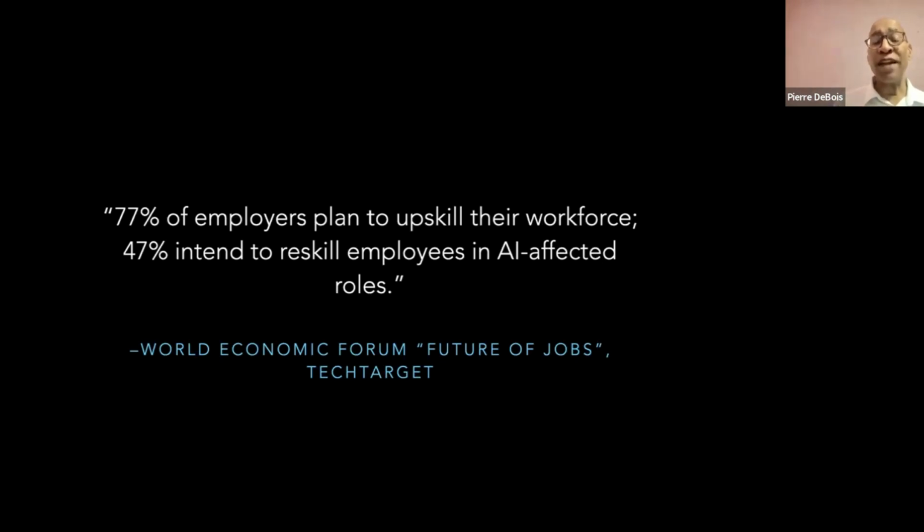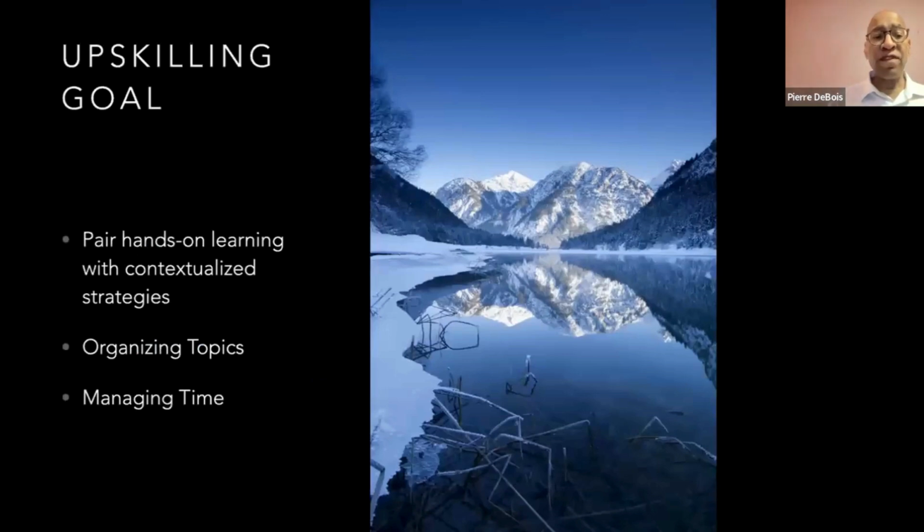There are a lot of opportunities right now to work AI into our workflow more than anything else, and we probably are on the spear's tip to do so. So we need to think of our upskilling goal as a way of pairing hands-on learning when we deal with our data, and contextualized strategy. This second part is the most important piece.